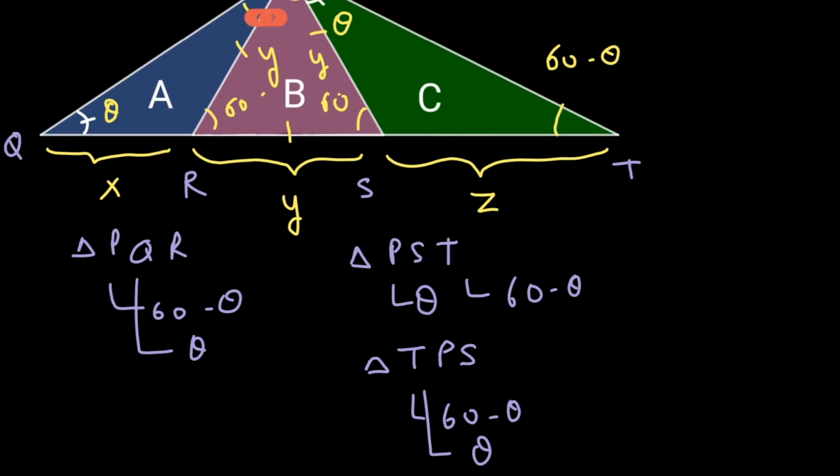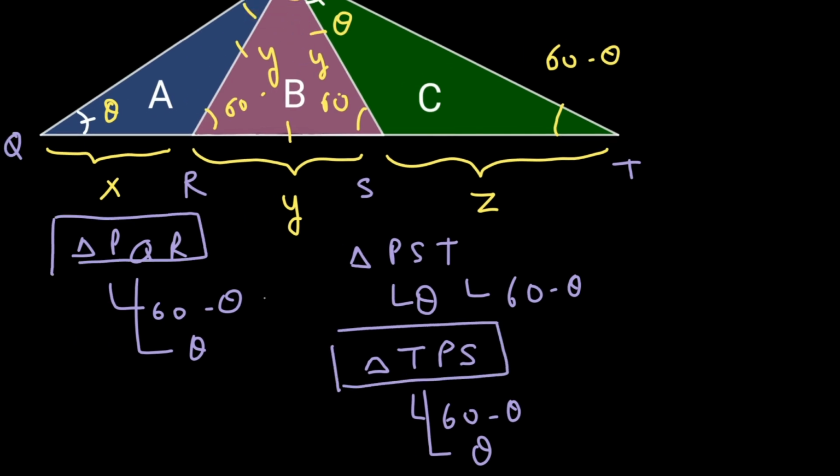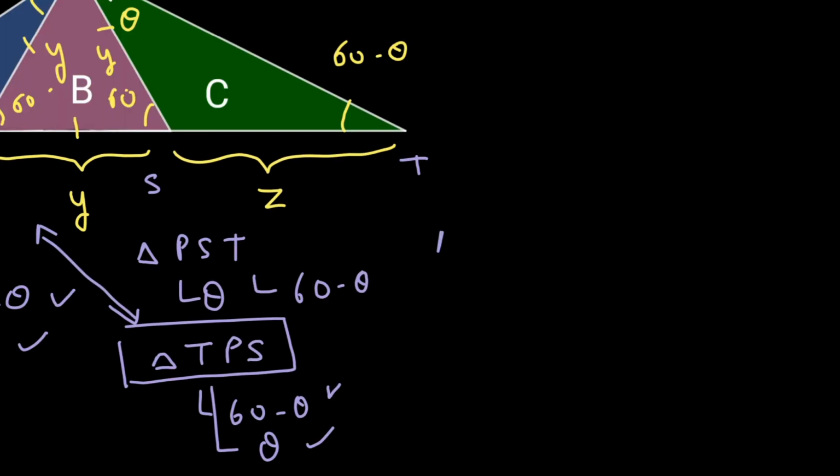So we can see that in the triangle PQR and in the triangle TPS, two of the angles are equal. Hence these two triangles are similar by angle-angle property, and the labeling is also according to the correspondence. So now we have the triangle PQR similar to the triangle TPS by the angle-angle property.